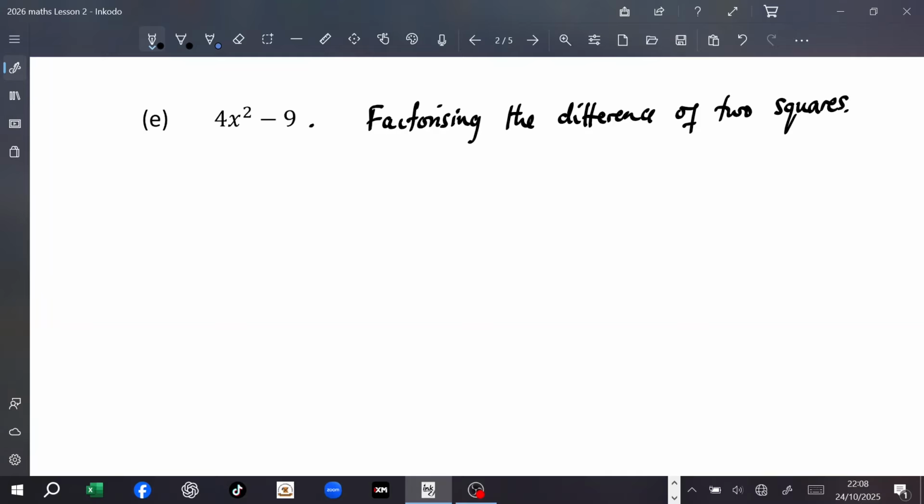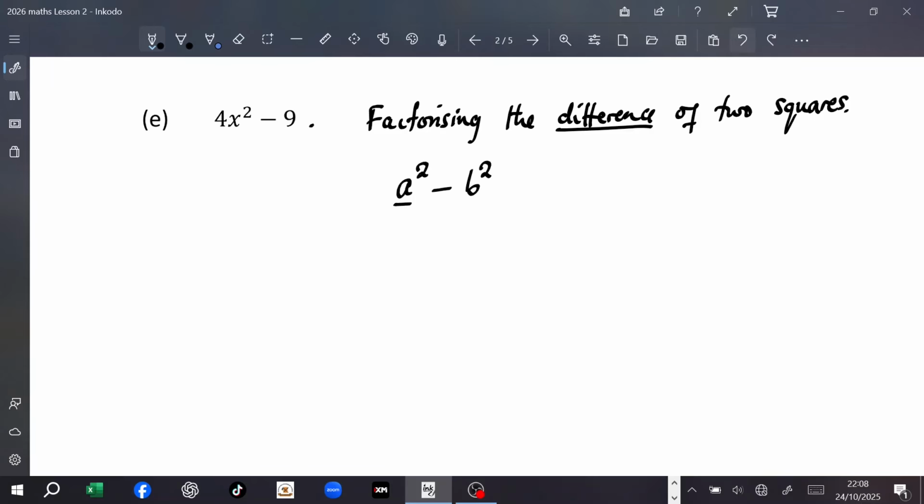So now, what does factorization of 2 squares mean? Difference means minus. Okay? Then 2 squares means you have 2 squares that are subtracting each other. Like if I have a number like a squared minus b squared, this one can also be factorized because this term is a square because it has power 2.